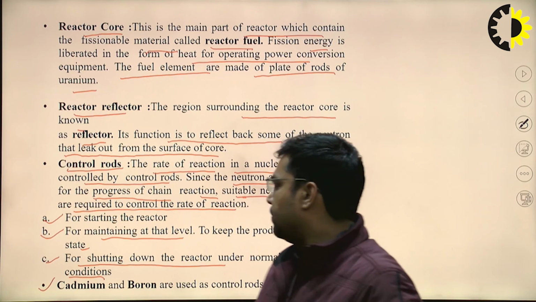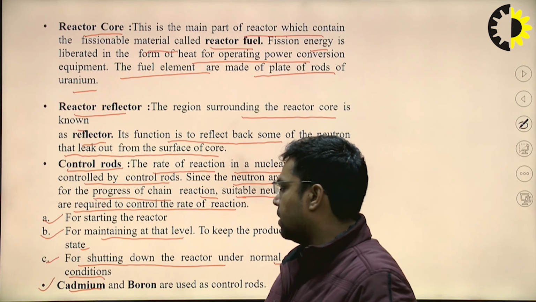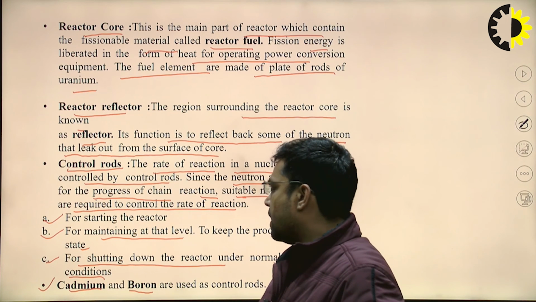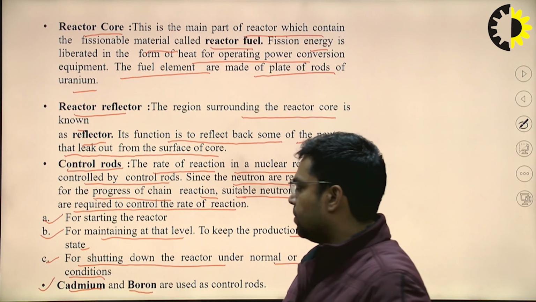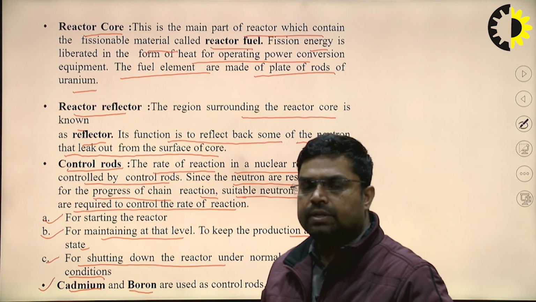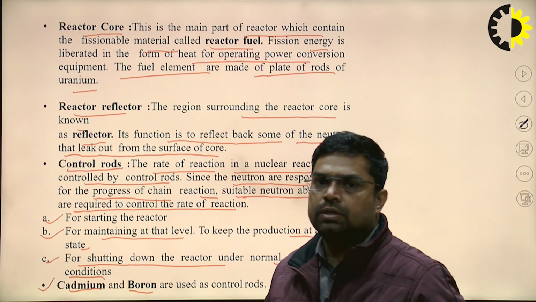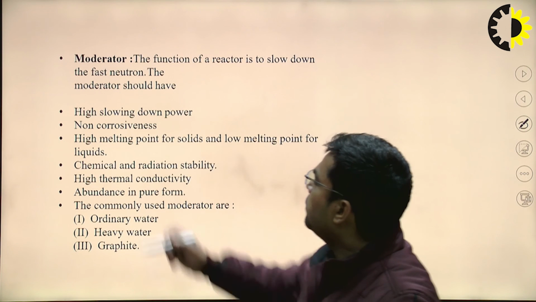Basically we use two kinds of control rod material, cadmium and boron. These cadmium and boron are the materials we generally use as control rods to slow down the chain reactions. Another one is the moderator.